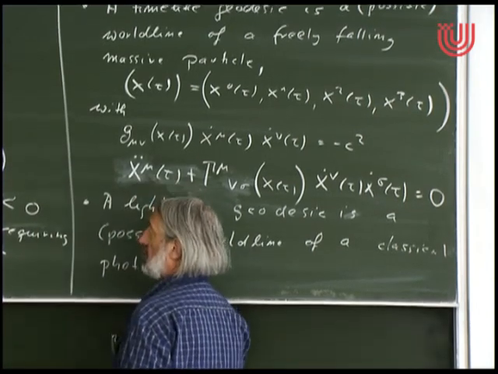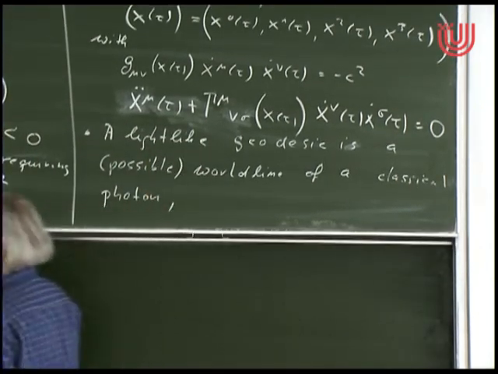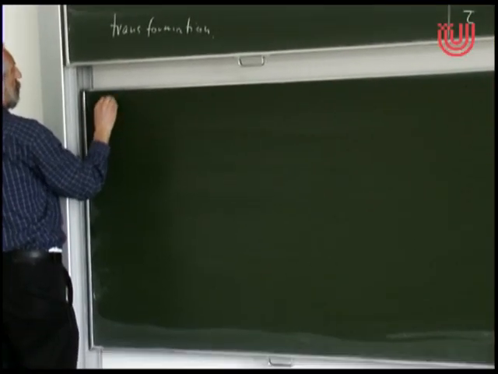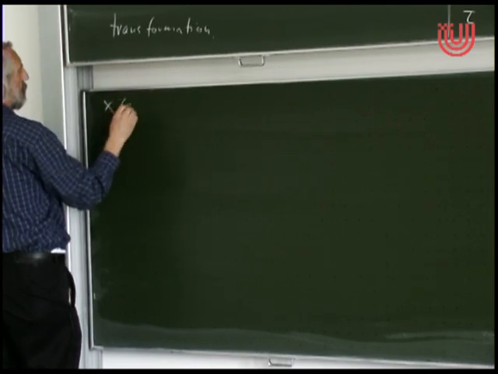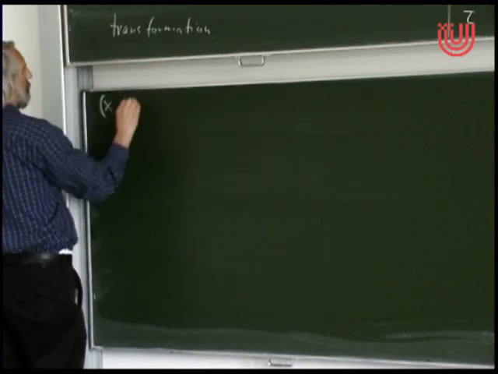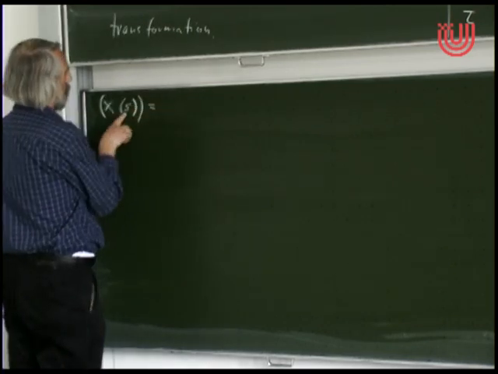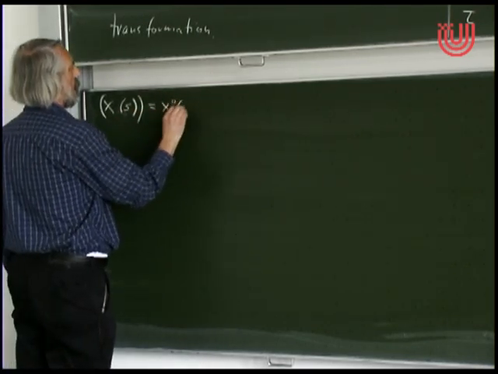So this means it is an object which also has 4 coordinates, just like a massive particle. So it's also given by a curve, but for some reason I call the parameter not tau, I call it s. I will say a word about this s in a minute. So for the moment it's just a curve parameter.